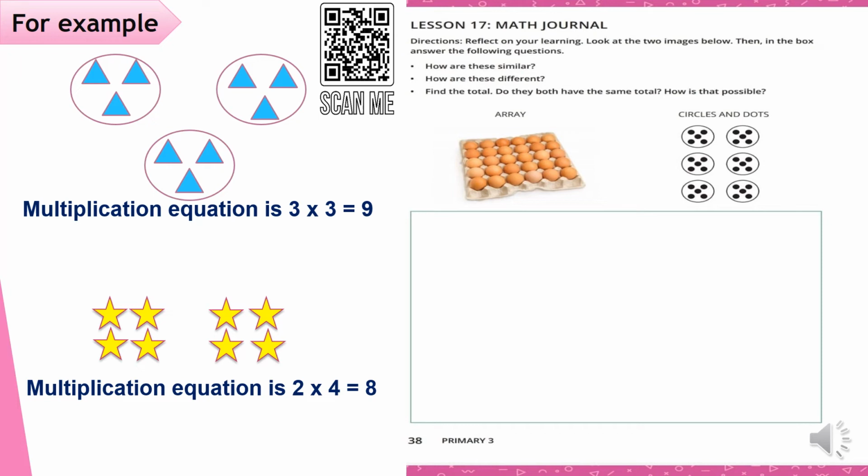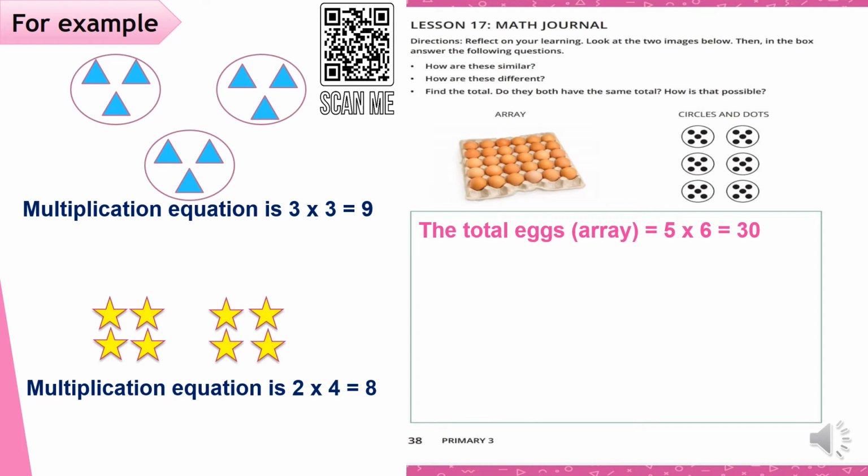To find the total, I can ask myself how many rows do I have, and inside each row how many eggs. So I can say the total eggs in this array, 5 rows, and in each row I have 6 eggs, equals 30. The total equals 30.